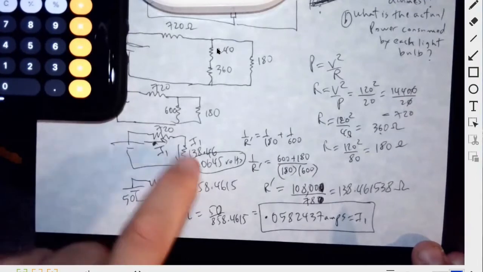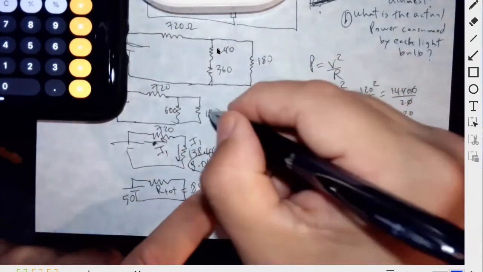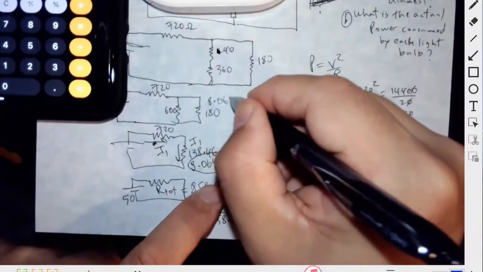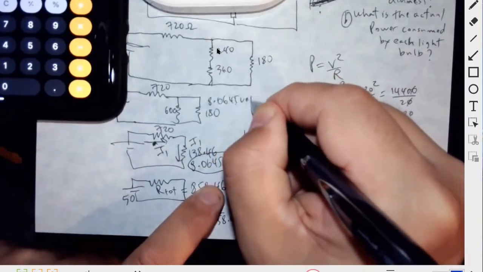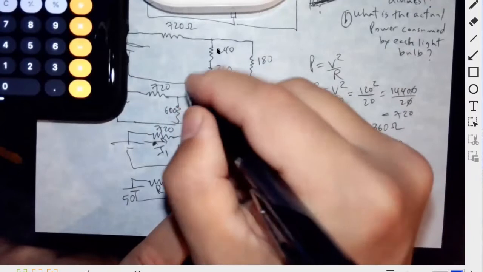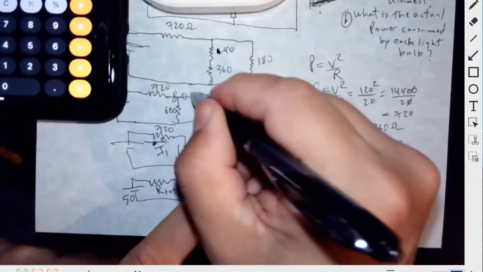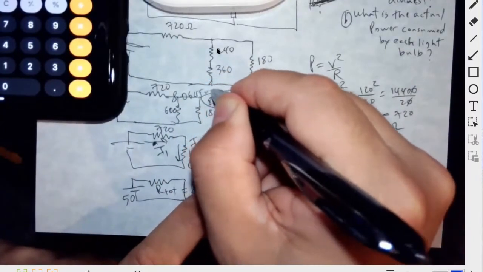And then that's going to be the same voltage as these guys, 8.0645 volts, 8.0645 volts.